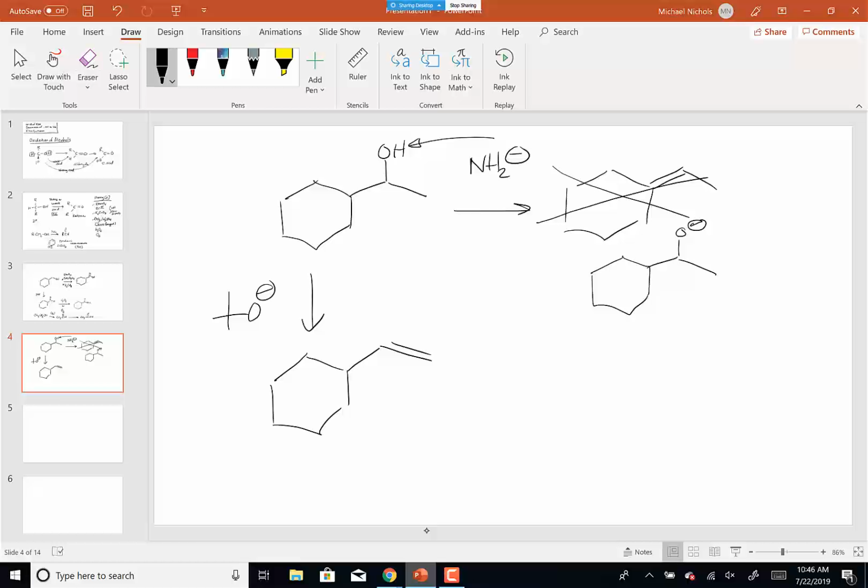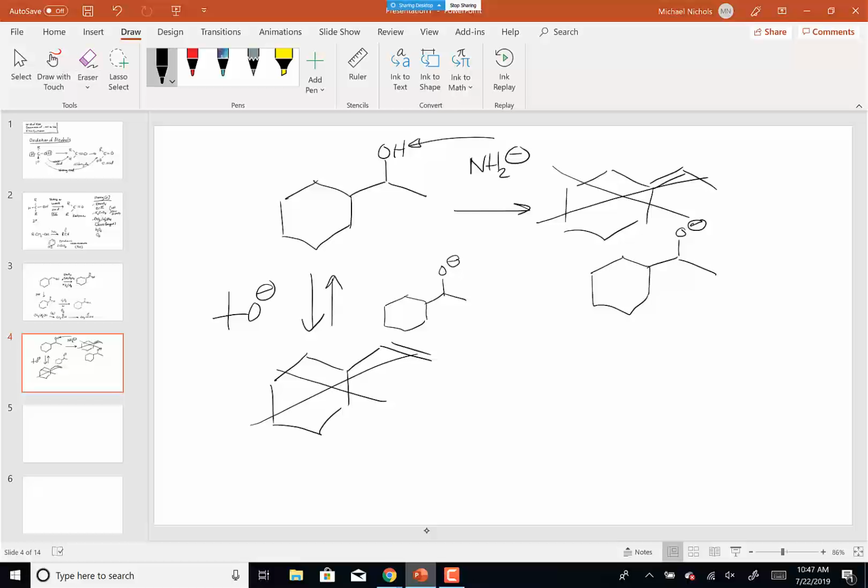And down here, what's going to happen? You could say tertiary butoxide, but what it'll end up doing is forming an equilibrium where it deprotonates that OH, or that OH. So neither one of these is going to work, but that's okay.